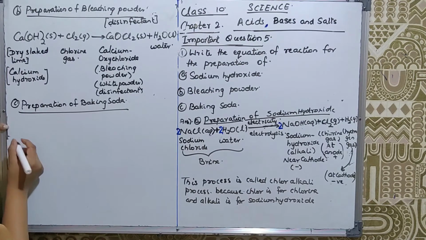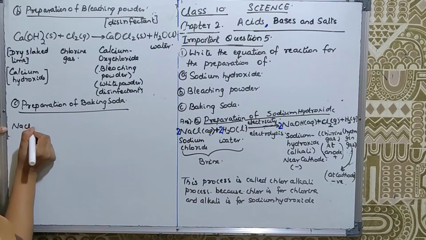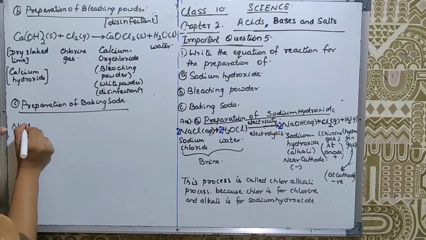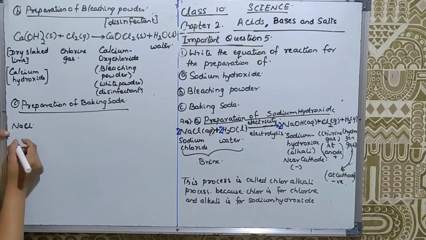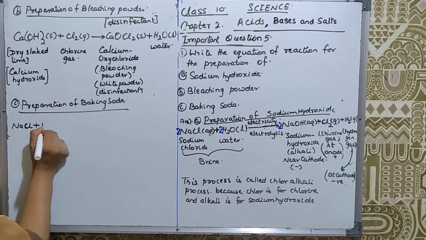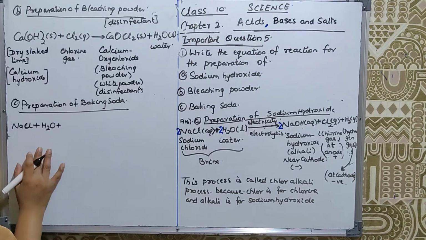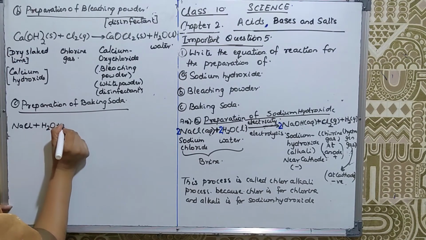During the preparation of baking soda, brine, sodium chloride, physical state they are not given in the reader. If you want, you can write the physical state. Sodium chloride reacts with water in the presence of carbon dioxide and ammonia. So we'll say ammoniacal brine actually.